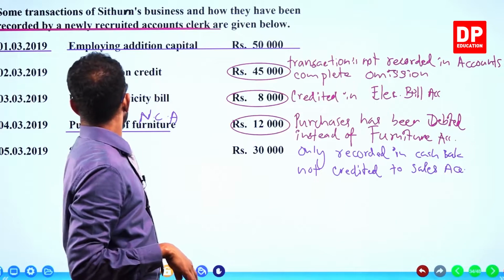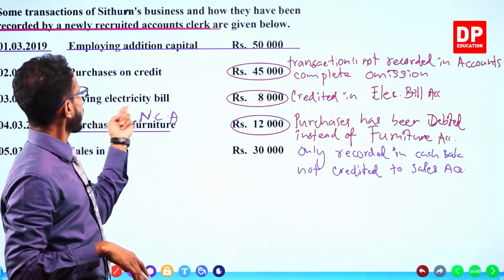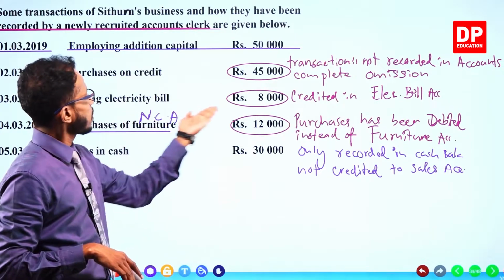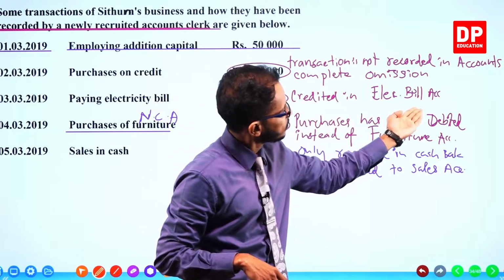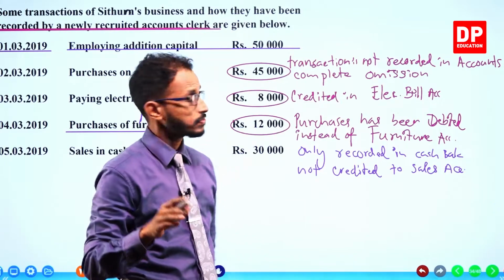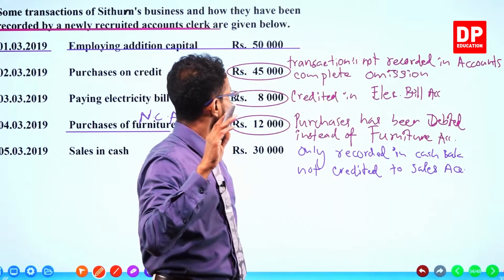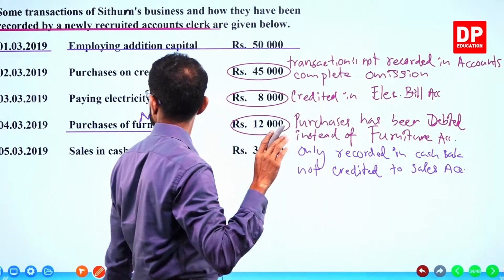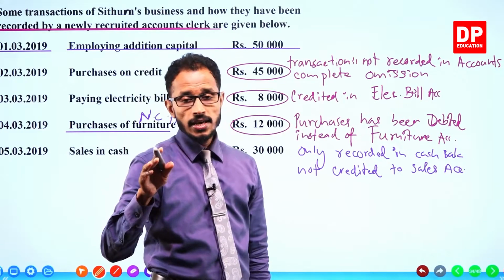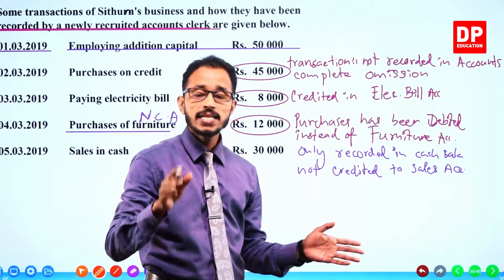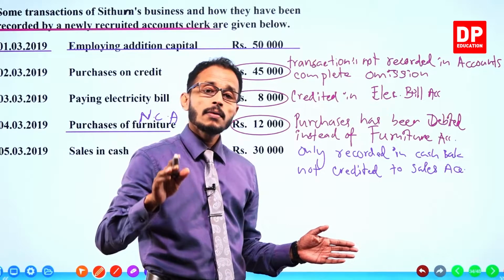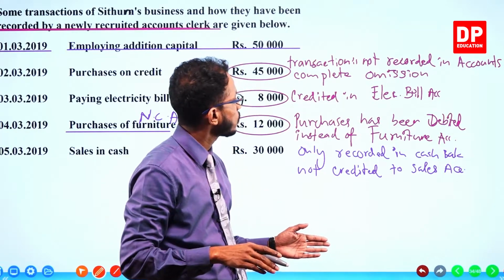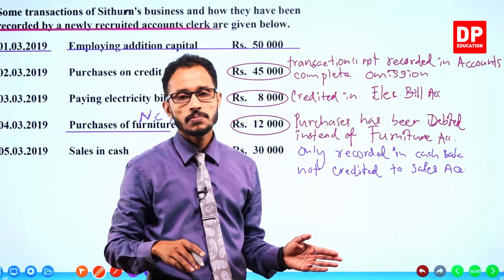Second, paying electricity bill. It's right here, paying electricity bill, 8,000. The error is credited in electricity bill account. You have to write the electricity bill paid has been credited in cash account correctly, but credited to electricity bill account.